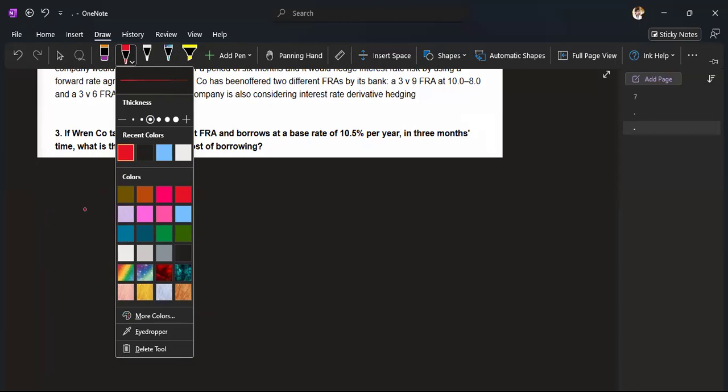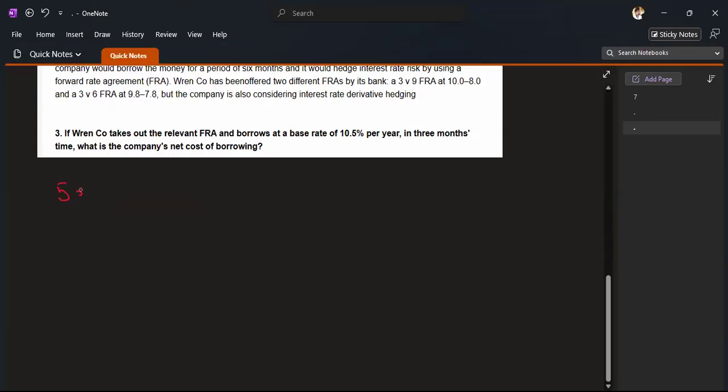Now see, guys, how much was the amount of the loan? That was 500,000. I said that I am going to borrow at 10%, and my actual cost has been at 10.5. So first compute the 10.5%, and the loan was for 6 months.